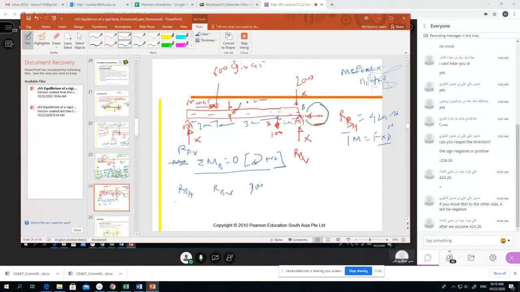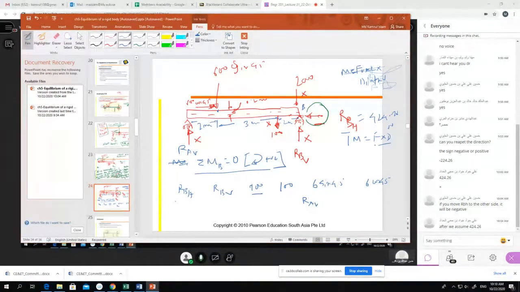We have 200, right? Then we have 100. Then we have two forces here: 600 sine 45 degree and another force 600 cos 45 degree. And we have another force RAV, right? These are the forces we have.